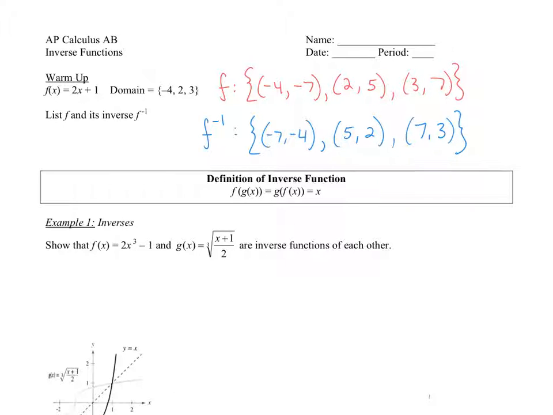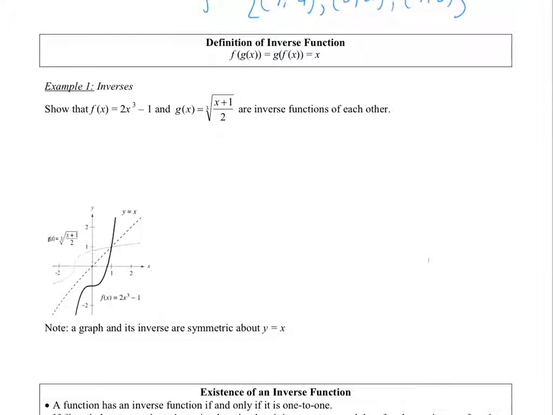So nothing new there. For the definition of the inverse of a function, if f and g are inverses, then the composite function of each other will also equal x. So f of g of x is the same as g of f of x is equal to x. All right, so in this case, if I'm going to find the inverse of this function, I need to take my g of x and plug it into my x here.